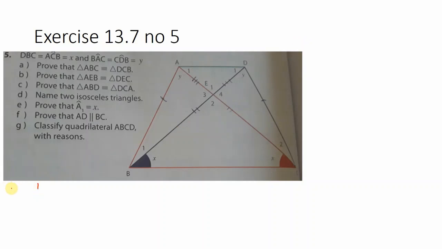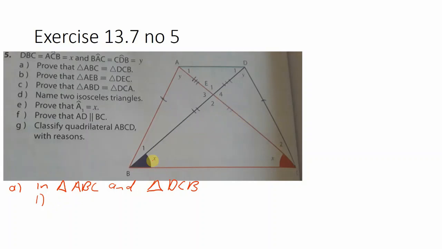So for number A, we have in triangle ABC and triangle DCB. So that's our introduction. Now we need our body, which consists of three portions or three main points.